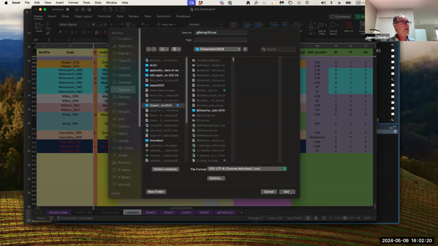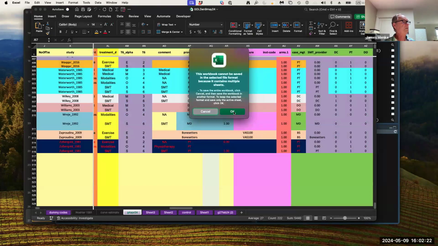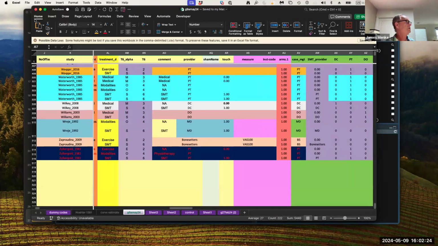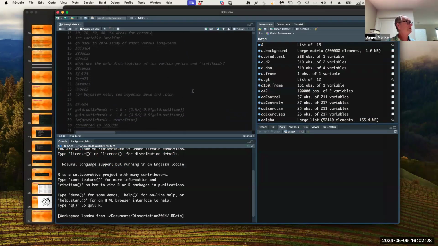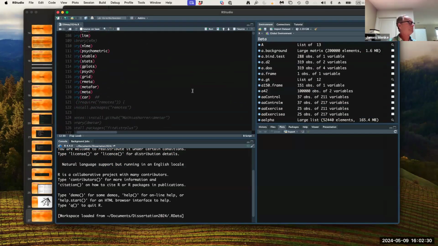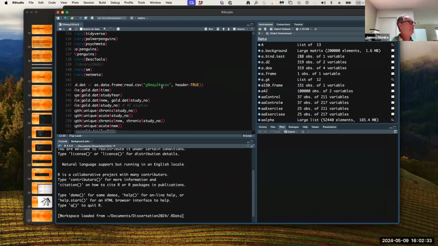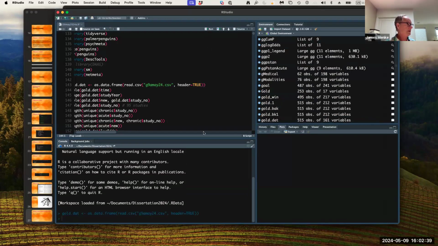So I'm creating a CSV file, and of course it complains about it. And then here, if anybody wants to do this with me, make sure it reads it in, and it does.